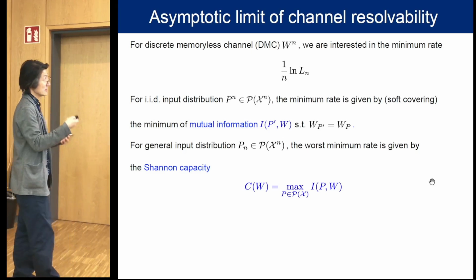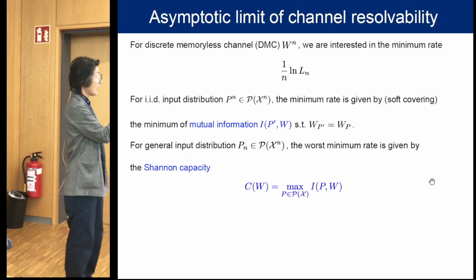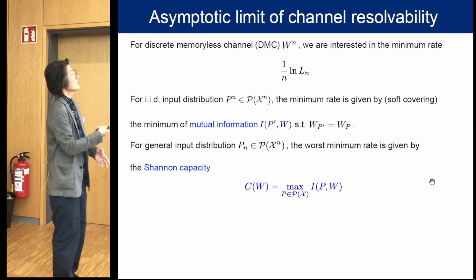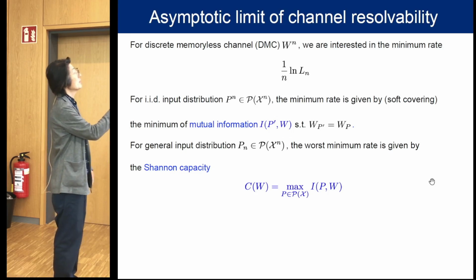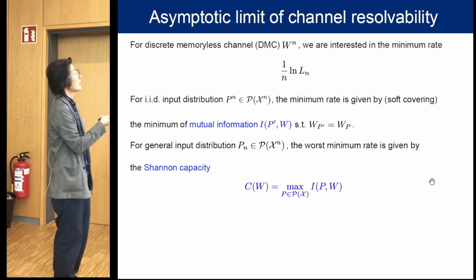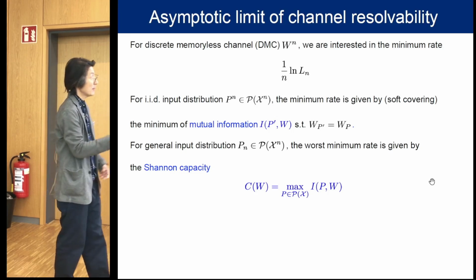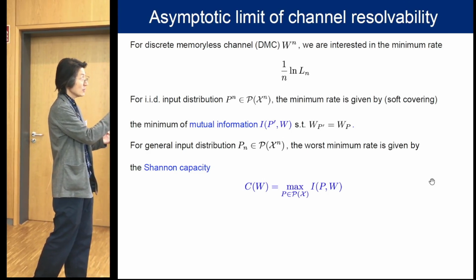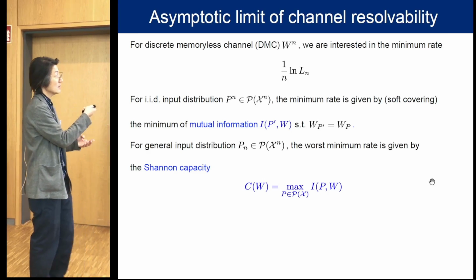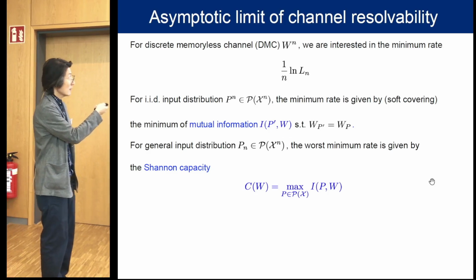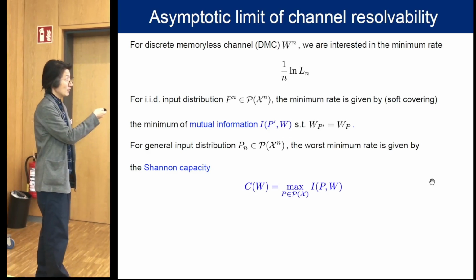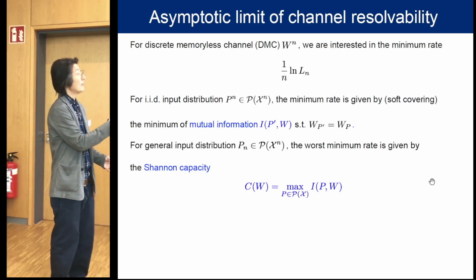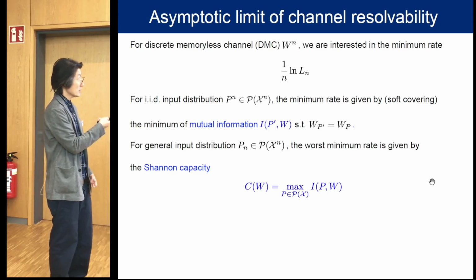As we have seen in yesterday's talk, for an IID input distribution P^n, the minimum rate is given essentially by the mutual information, but there might exist multiple P' such that the output distribution coincides with WP, so we minimize over those distributions. And for a general input P^n that may not be IID, the worst-case minimum rate is given by the Shannon capacity.